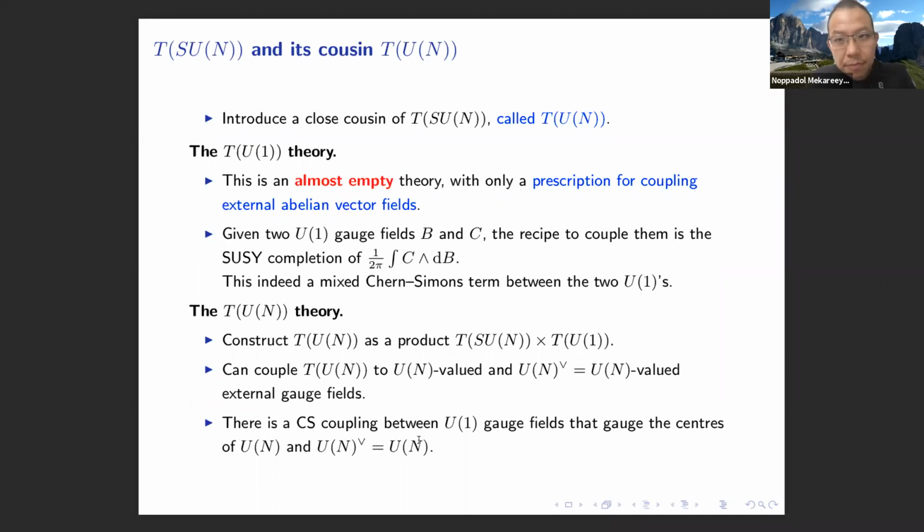I see. Okay. So I claim that there is a mixed Chern-Simons term between the Higgs and Coulomb symmetries of this theory, but it's on the global symmetry side. So it's like a background mixed Chern-Simons term, if you want. Is that clear? Okay.